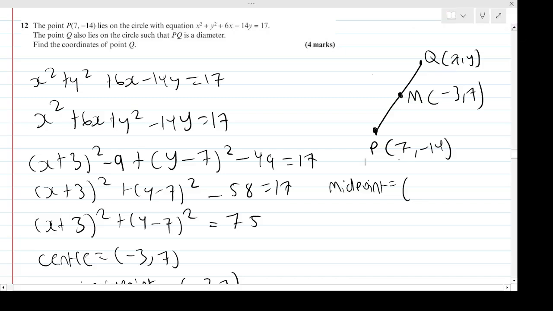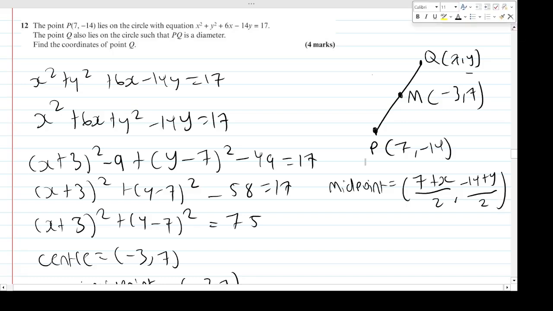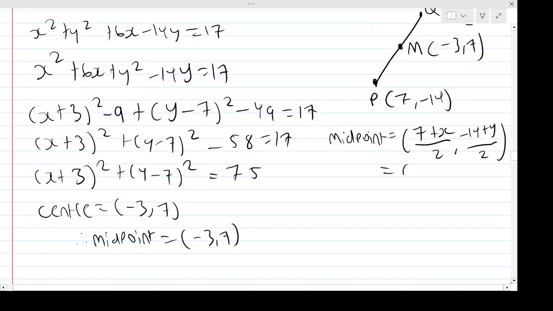So firstly add the x part: you have 7 add x, again I don't know what x is, over 2. And then add the y part, so minus 14 from P, add the y, and that's over 2 as well. But we know the midpoint also has to equal what we did down here. It has to equal the point minus 3, 7.